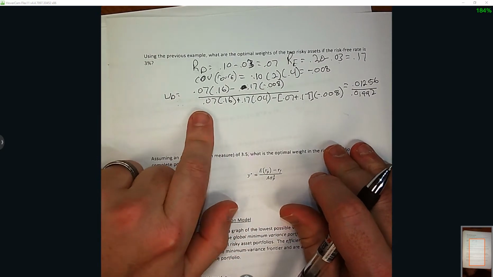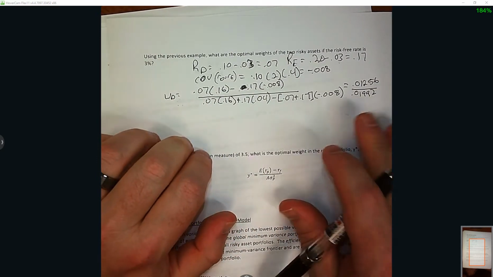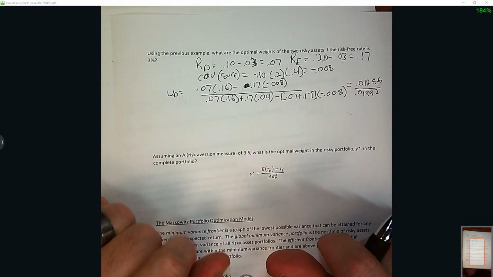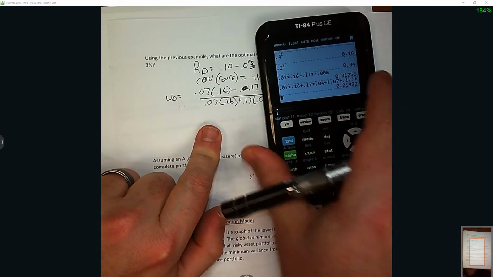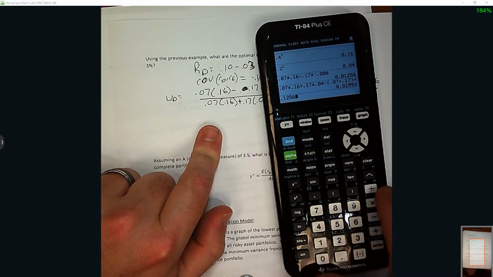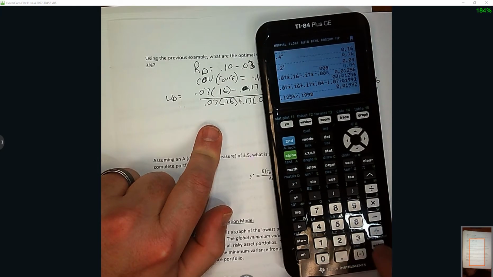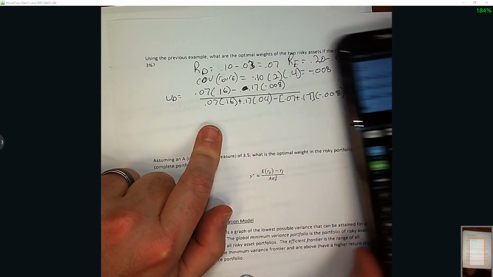And so this is going to give me the weight of asset 1, in this case we're going to call it debt, in our risky portfolio. So 0.1256 divided by 0.1992 is equal to 0.6305.